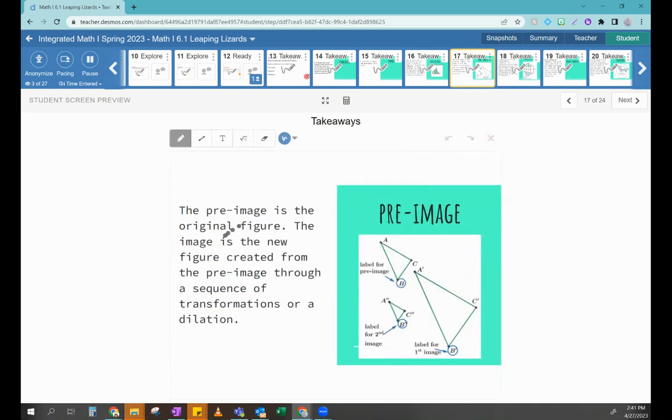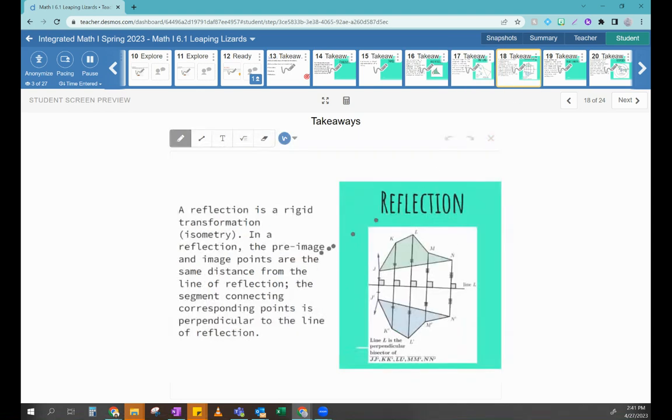A pre-image is the original figure. Get it? Original figure. The image is the new figure created from the pre-image through a sequence of transformations. So the image that we made came from the pre-image. A reflection is a rigid transformation, isometry or isometry, I think I've heard professors say both.